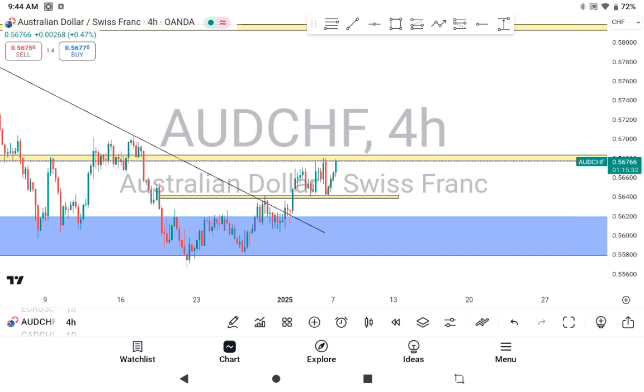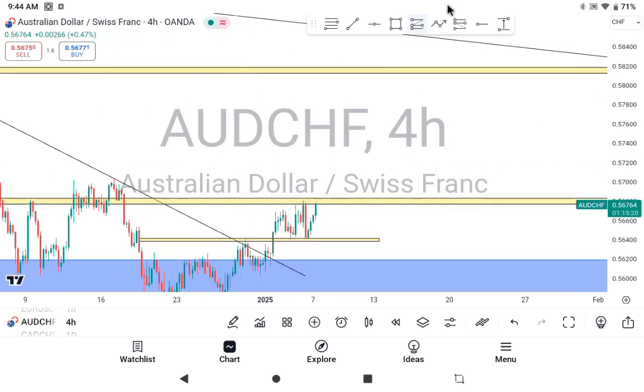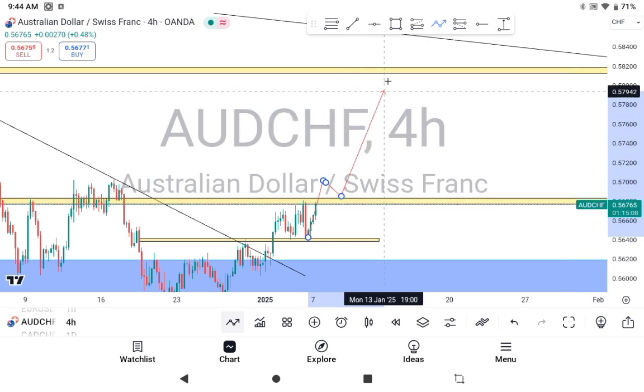We need to see price break and close here. Once we can see that, we should see price coming to this key level of resistance right here. We need to see price break and close like this, do something like this, and come here.